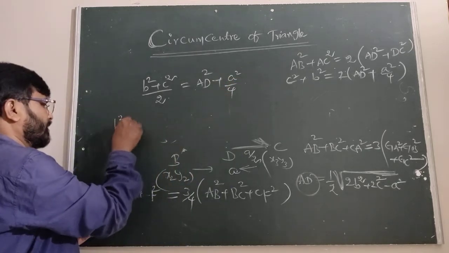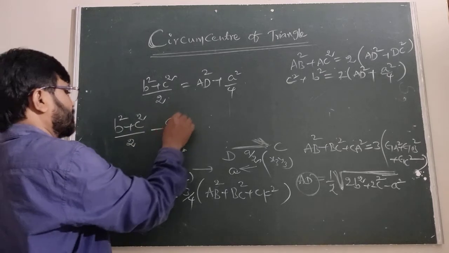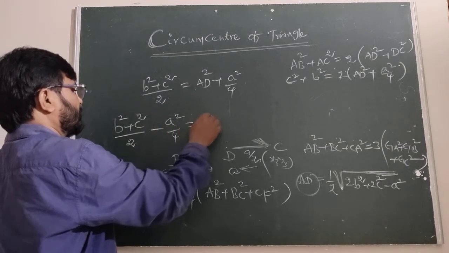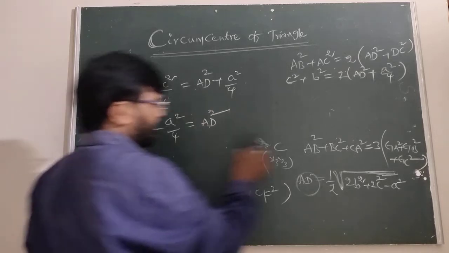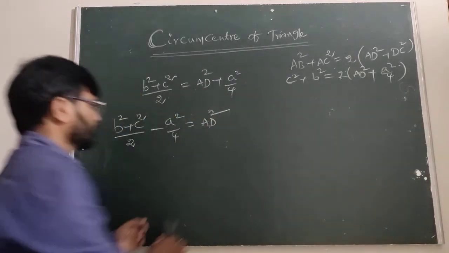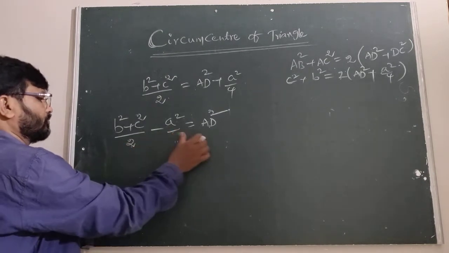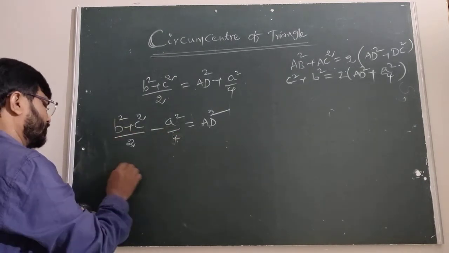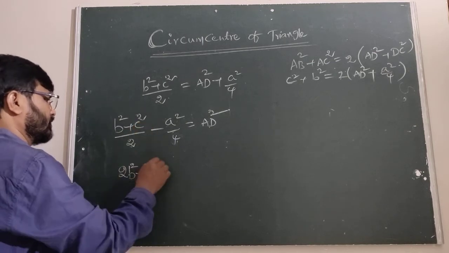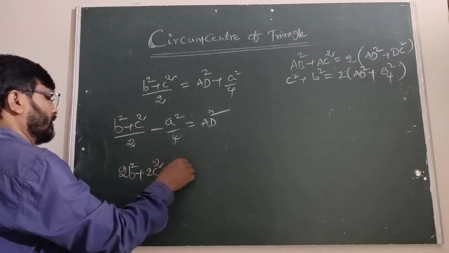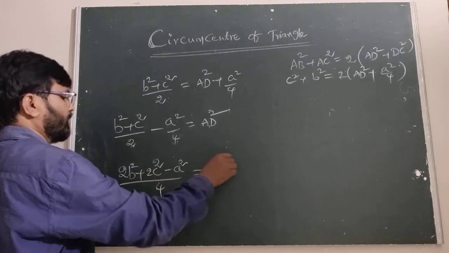Now we can write (b square plus c square) by 2 minus a square by 4 is AD square. We have to take the LCM, which is 4. Then it will be (2b square plus 2c square minus a square) by 4 equals AD square.